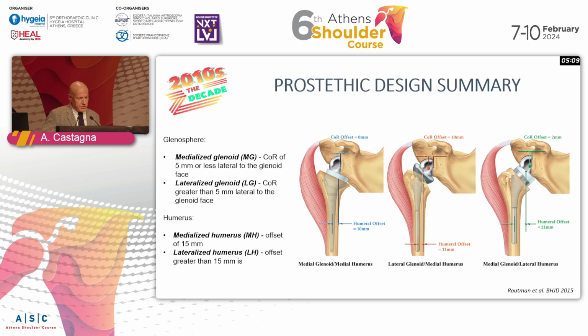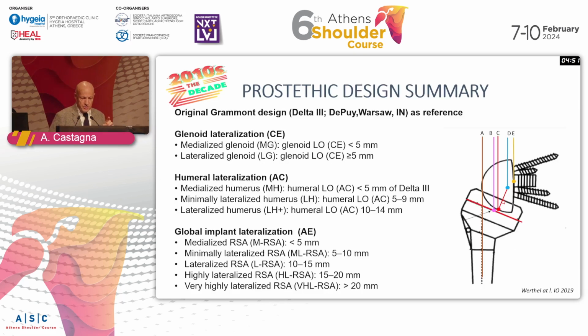And the center of rotation is medialized when you are not reaching 5 millimeters or less. And the same on the humerus, you may have an offset of 15 or greater than 15. So every single design has differences, and you should know this very clearly when you make your implant.